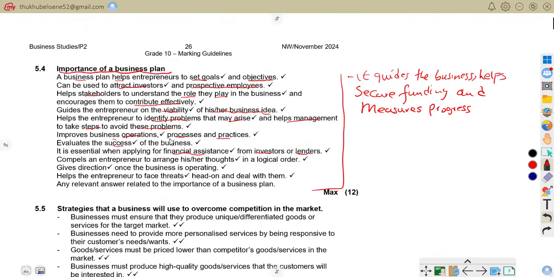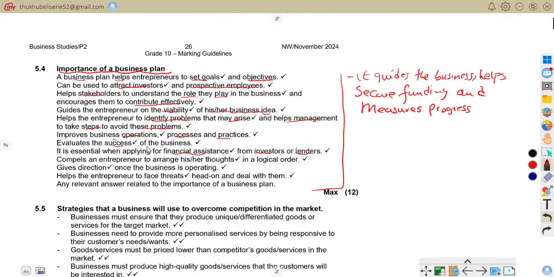So when you're looking for assistance, the business plan is the one that is going to make sure that we get those funds from investors or lenders. Because if your business plan is not convincing, it's not a sound business plan, they are not going to be sure that your business is going to succeed.